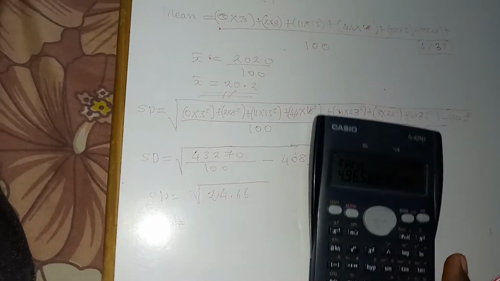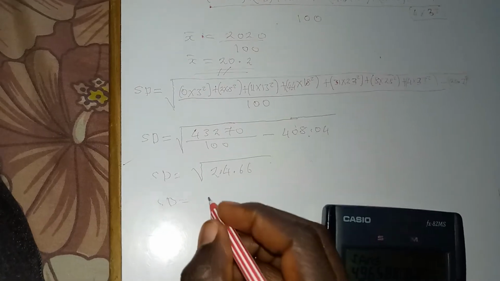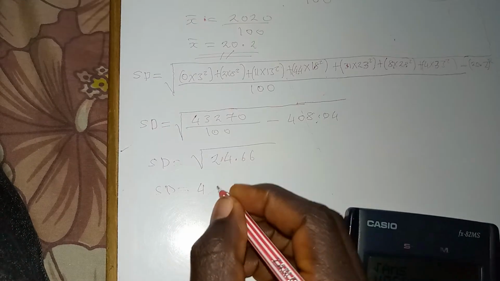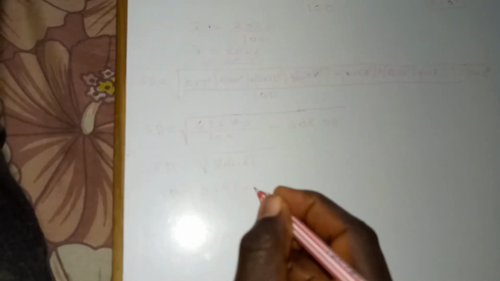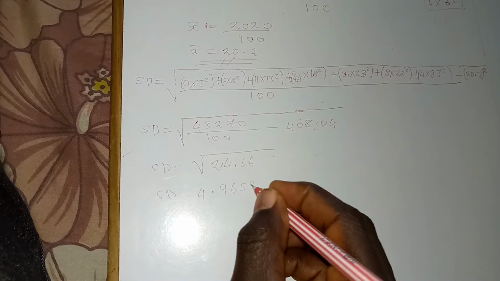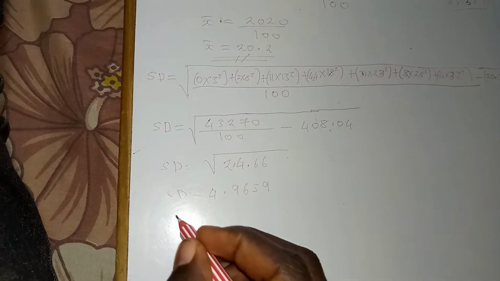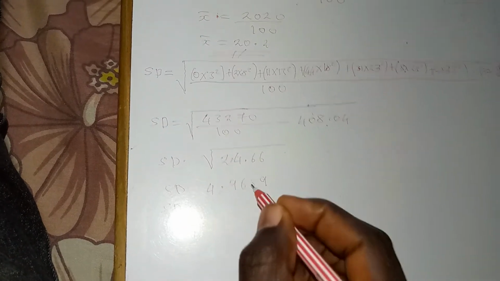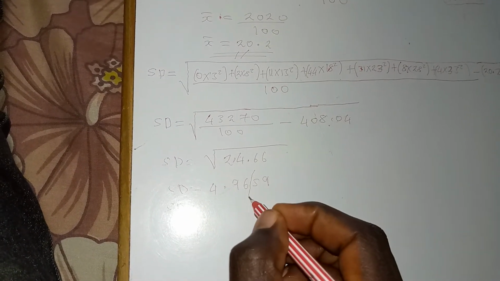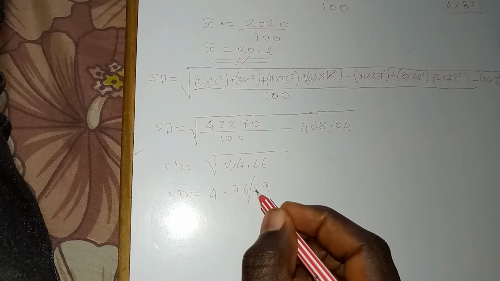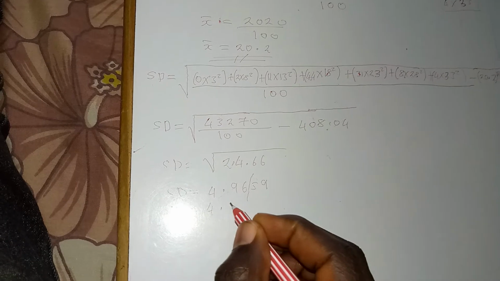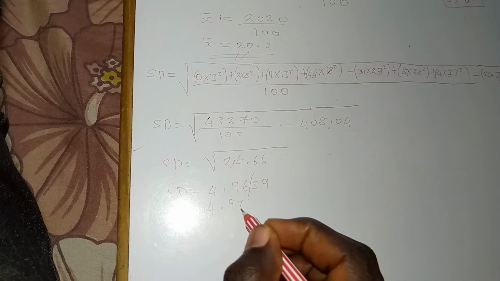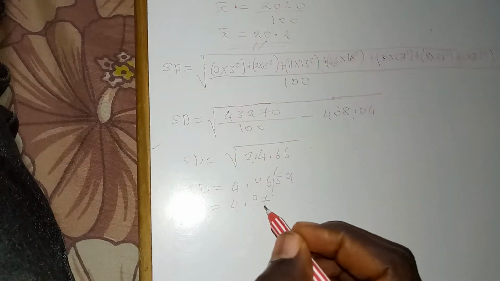So we'll copy this as 4.9659, 4 decimal places first. Then finally, SD will be equal, corrected to 3 significant figures. Since this is 5, we take 1 and add it to 6. Then we'll have 4.97 as the standard deviation.